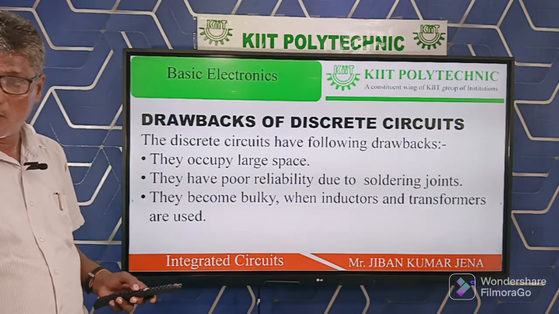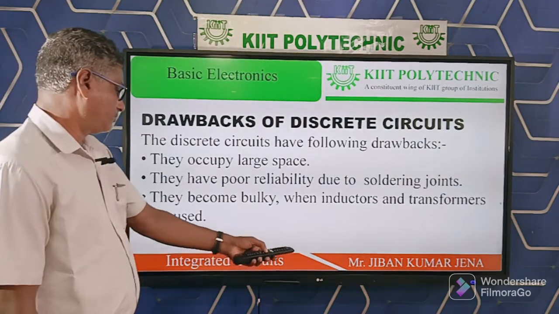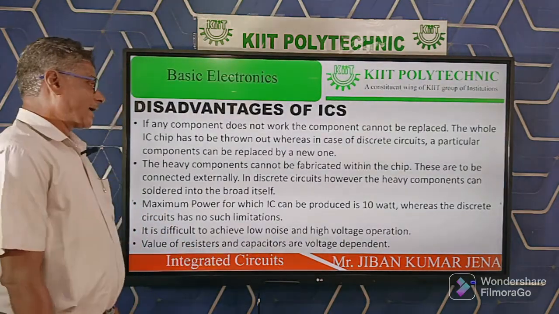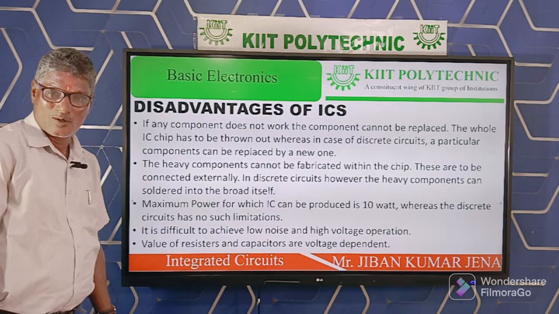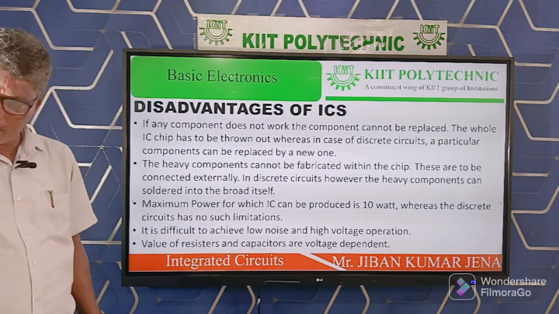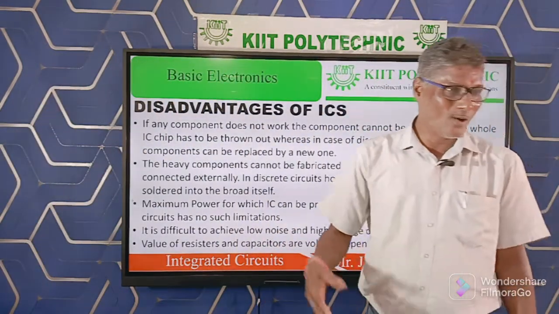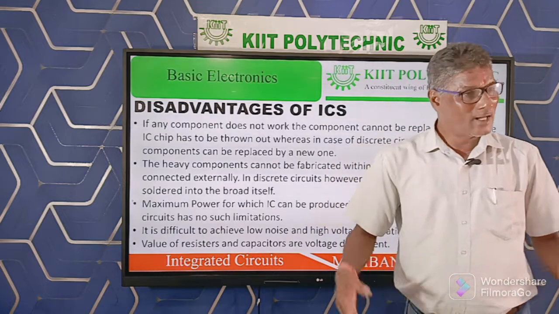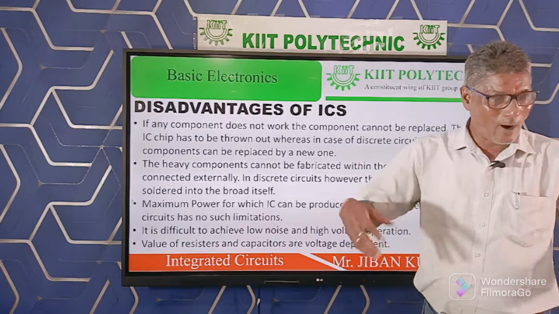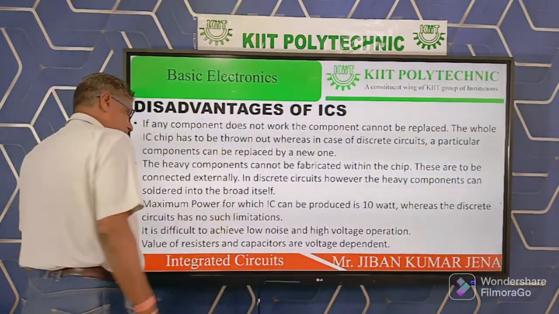Okay. Next, I am going to the next slide, that is the advantages of ICs. I had already discussed the drawbacks of a discrete circuit. It is heavy in size, it occupies more space, and externally the connection is made by using the soldering iron.